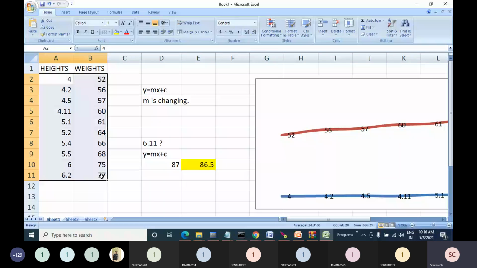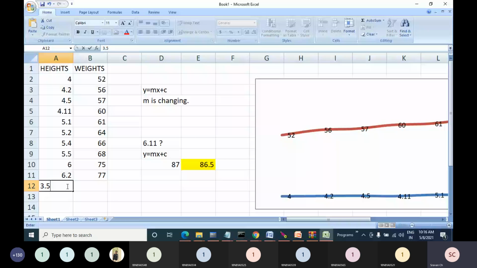So my computer program has got 10 heights and 10 weights, meaning it has knowledge of 10 heights and 10 weights, based on which it is trying to predict weight for a given height. Instead of 10, if I give 20 inputs, let us say 3.5, what should be the weight? Similarly 4.9, what should be the weight?